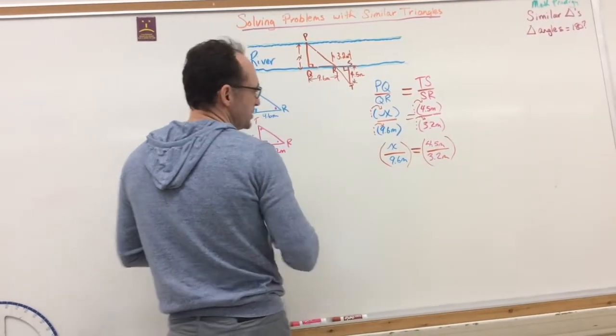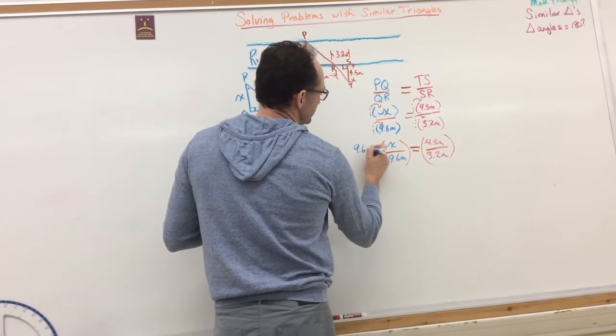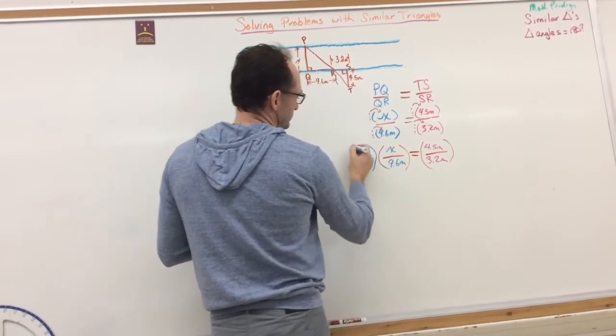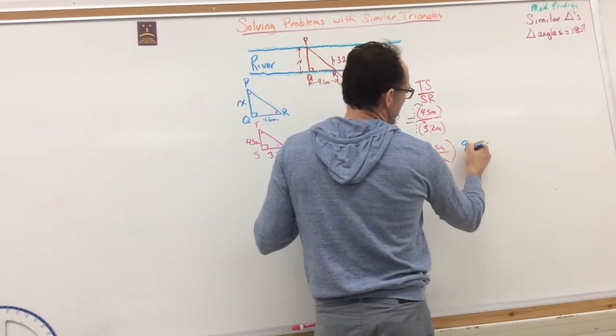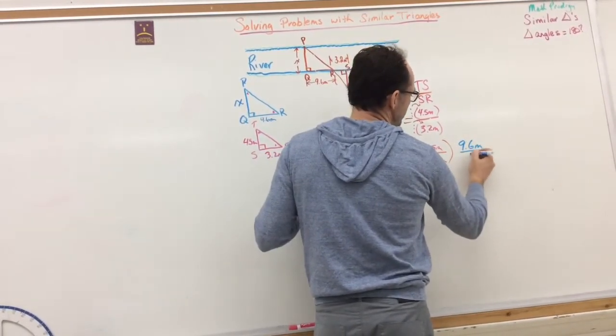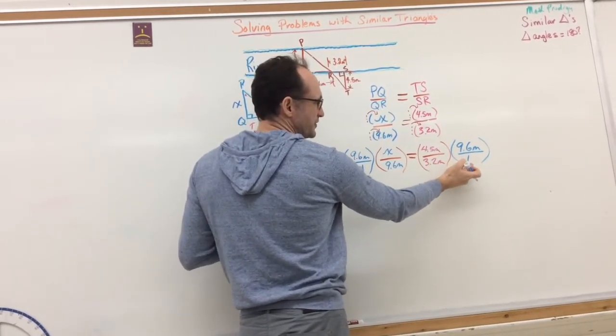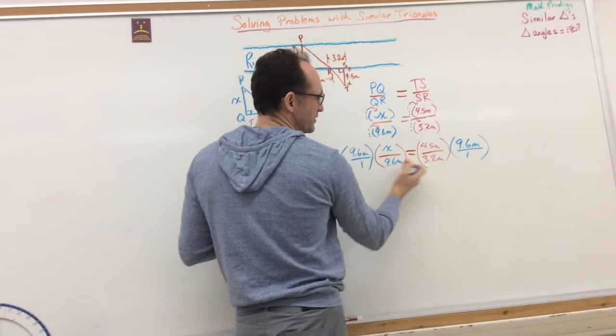And I'm going to change 9.6 meters into a fraction, because it's easier to deal with 9.6 meters in fraction form when you're multiplying it by these two.